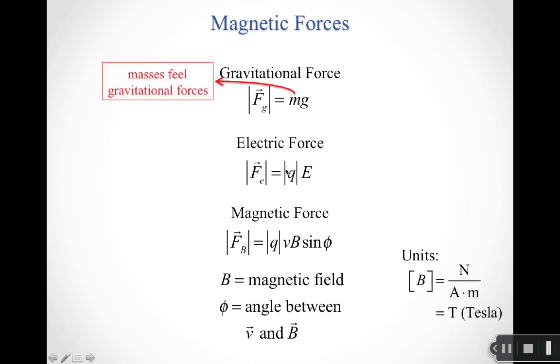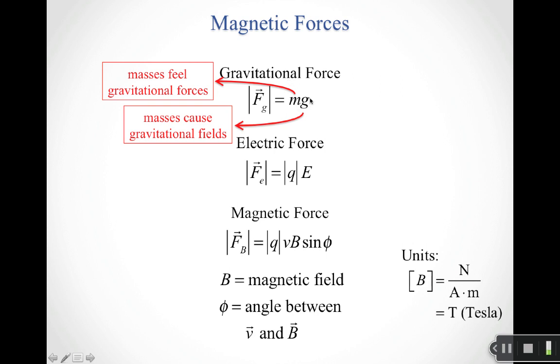So for starters, our first equation is telling us that masses feel gravitational forces and masses cause gravitational fields. So all of our forces are interactions between two objects. And so for a gravitational force, it's the interaction between two masses.